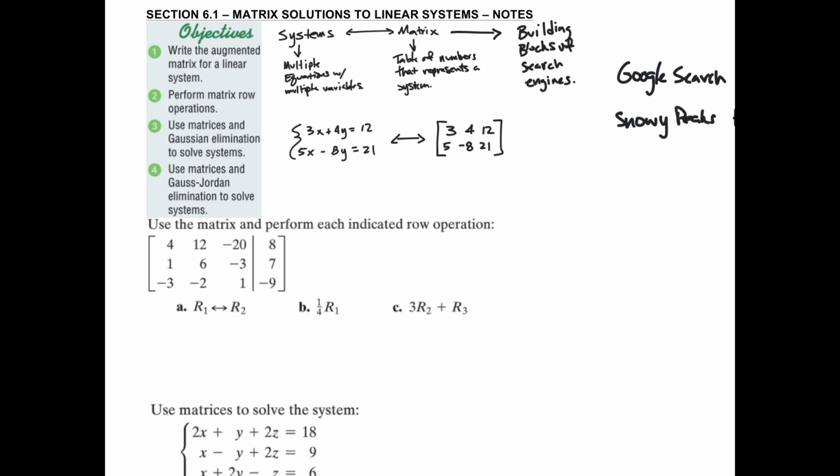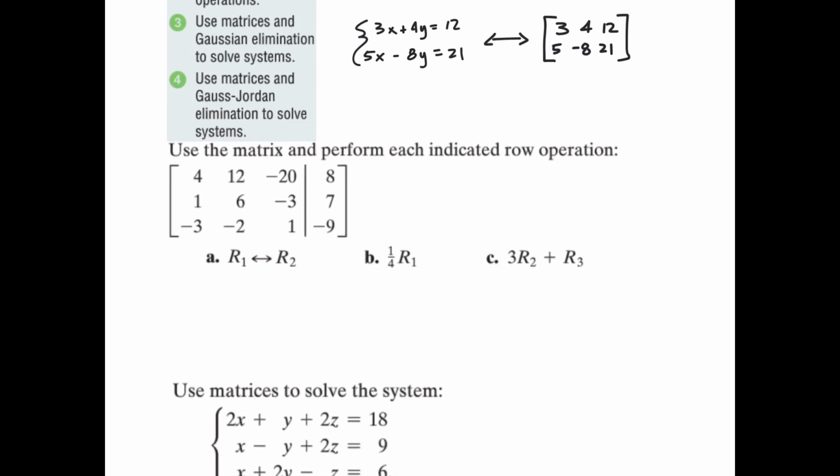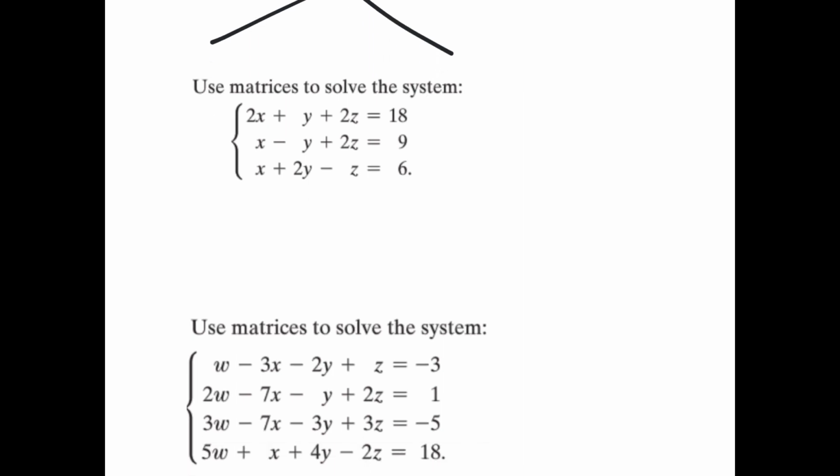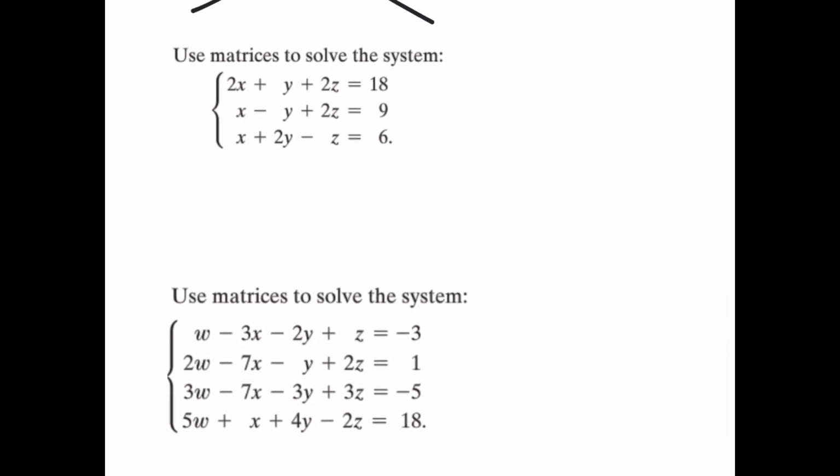for the purposes of time and what we're doing, I don't want to use this example, all right? So we're going to cross that out. And we're going to focus on these two examples here, okay? This one's going to be really simple, and this will be what your homework will look like. But then I'm going to show you how to solve this system here, okay?